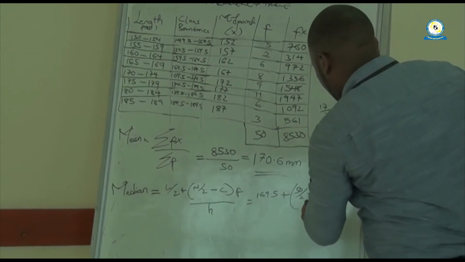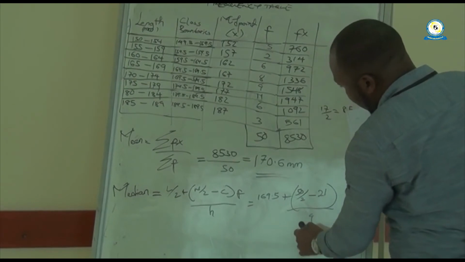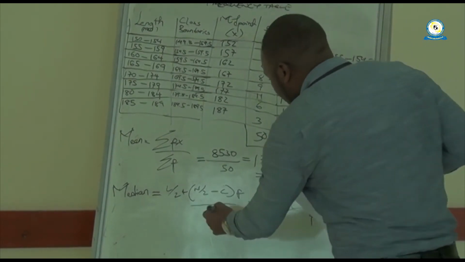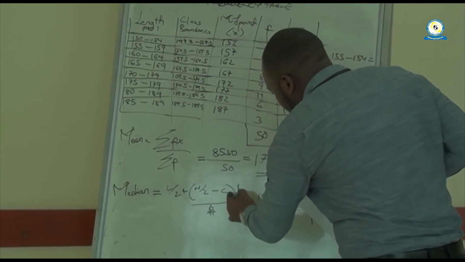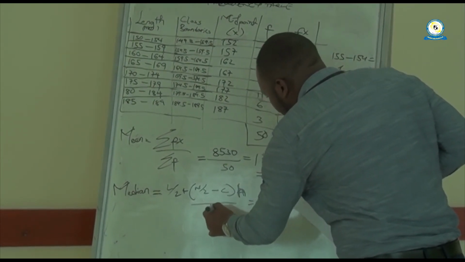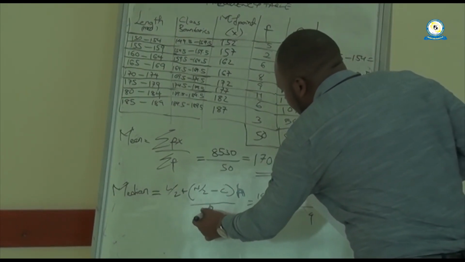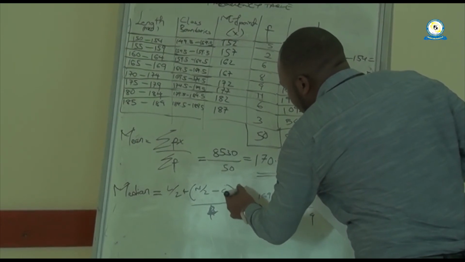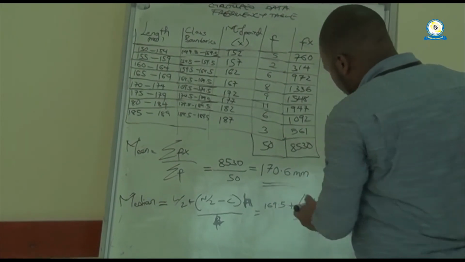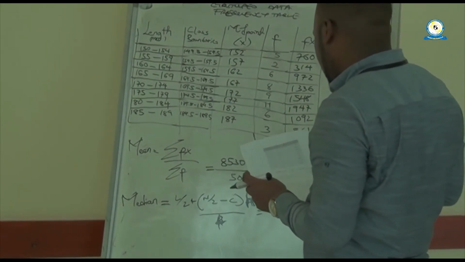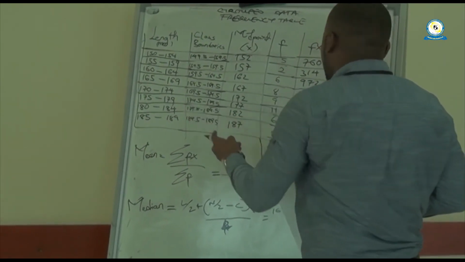Okay, divide by the frequency of the median class itself, which is 9, times h. h is the class width, so if you subtract the boundaries, you get 5.